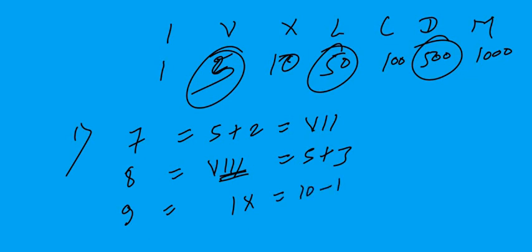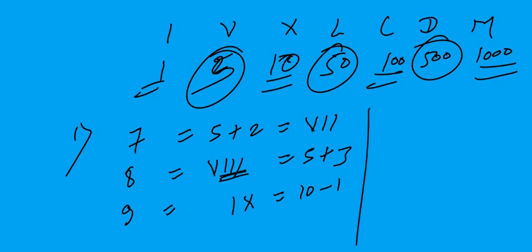So always remember that for the numbers which can be repeated, only I can be repeated, X can be repeated, C can be repeated and M can be repeated. V, L and D cannot be repeated. Next, V, L and D cannot be subtracted.